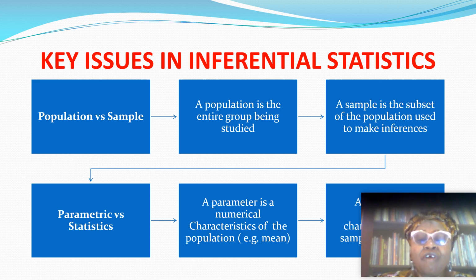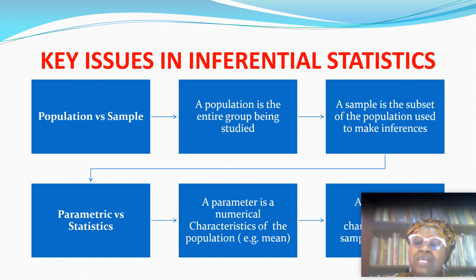That's why when we talk of key issues in inferential statistics, we talk about population and sample. Population is the entire group being studied. A sample is a subset of the population used to make inferences to move to the population. We talk of parameters versus statistics.